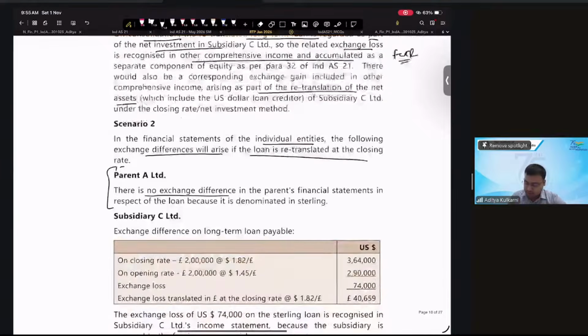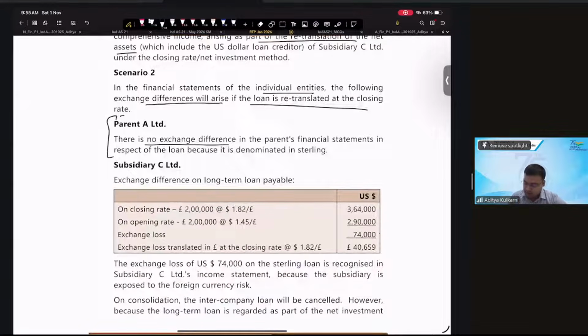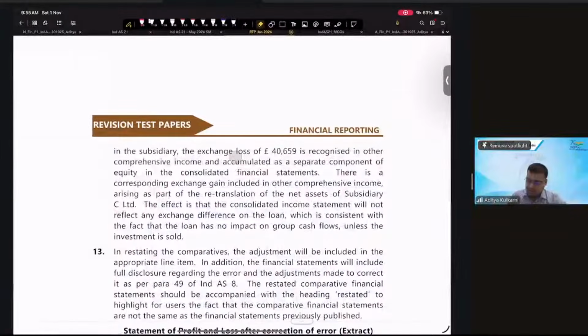But in subsidiary C Limited, this exchange loss of 74,000 is recognized in C Limited's income statement because it is exposed to foreign currency risk. On consolidation, you treat it as an exchange loss of 40,000 recognized in other comprehensive income as a separate component of equity in the consolidated financial statements.